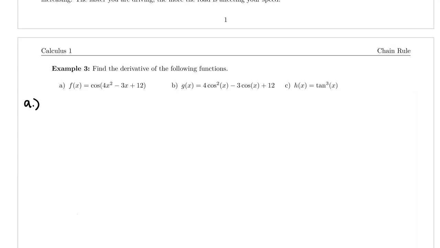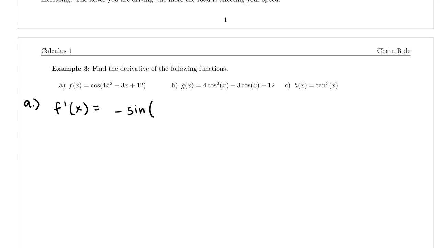All right, in example 3, we want to find the derivatives of the following functions. For part A, f prime of x is equal to, notice that this is the same function we saw in a previous example. First we want to start by taking the derivative of the outer function, which is cosine. Its derivative is negative sine.